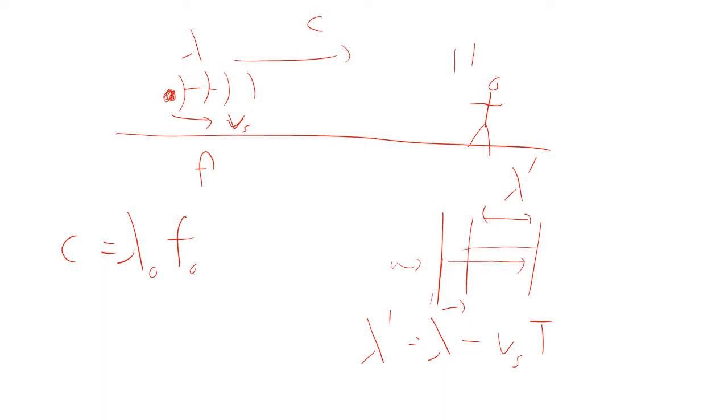Because it's a different wavelength, what you hear is going to be different from what the original was. So c equals lambda prime f prime, because you're going to hear a different frequency because it's a different wavelength.